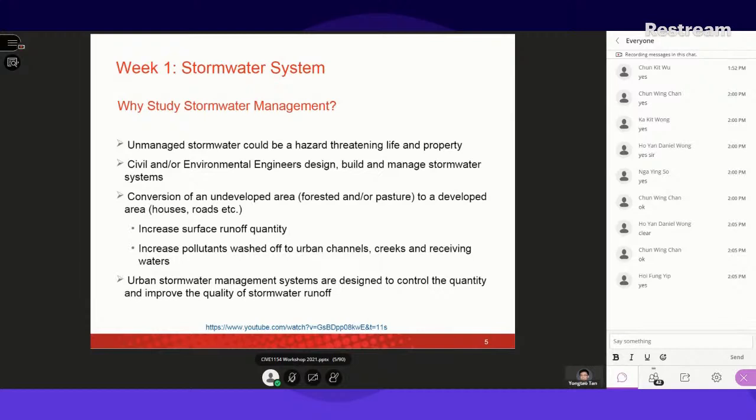Just to give an example, the Happy Valley underground stormwater storage tank is an example of using the sponge city concept. Built under the Happy Valley recreation ground, the storage tank has a total capacity of 60,000 cubic meters for runoff storage during heavy rainstorms.